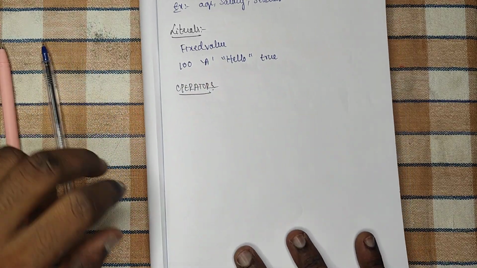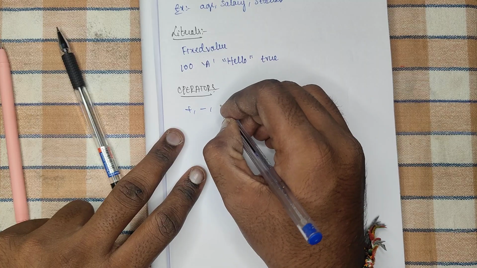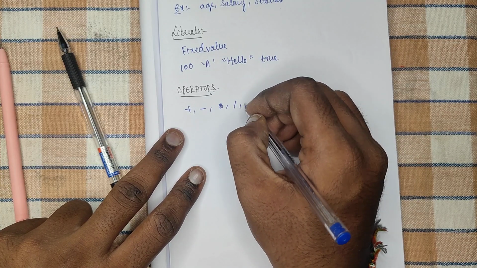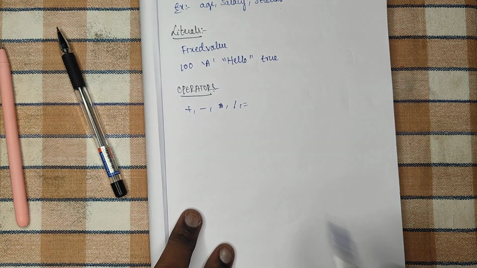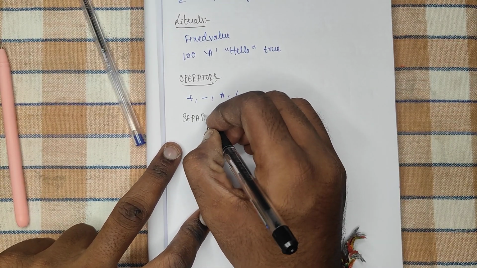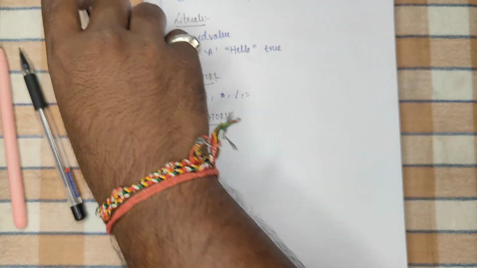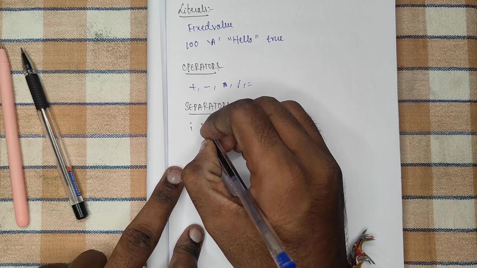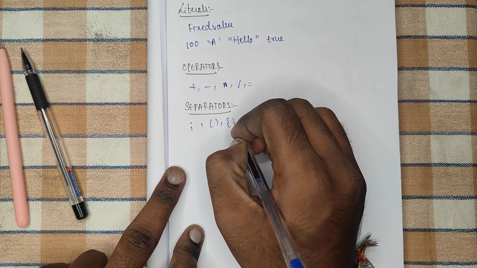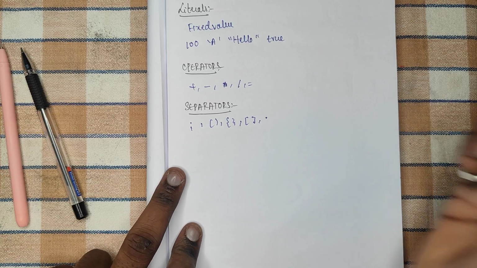Now operators and separators. Operators are like plus, the addition operator, subtraction operator, multiplication operator, etc. Separators are semicolon, brackets, comma, and full stop.